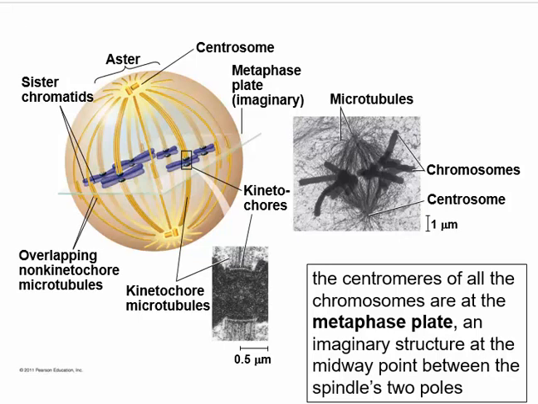Here's our centrosomes, microtubules radiating out from it, and this imaginary plane in three-dimensional space is called the metaphase plate. And so that's where the chromosomes are lined up at this point. Again, think of taking a sphere and slicing it in half. That's the same idea of this metaphase plate. That would be like an imaginary slice through the middle of this sphere.